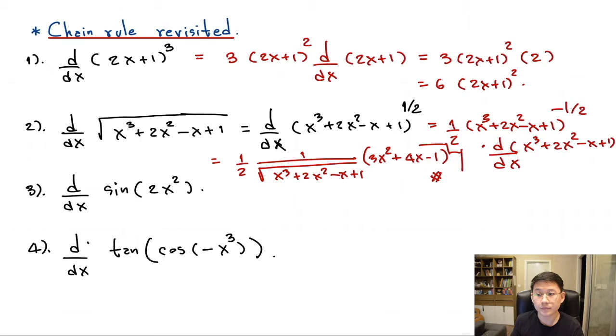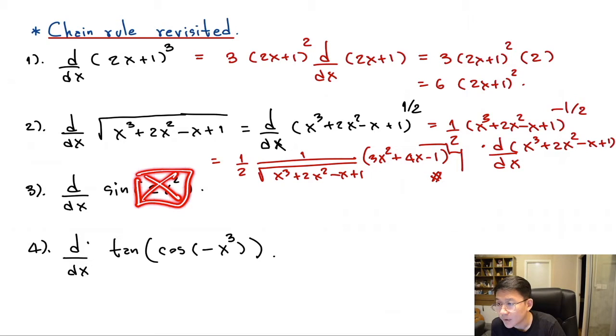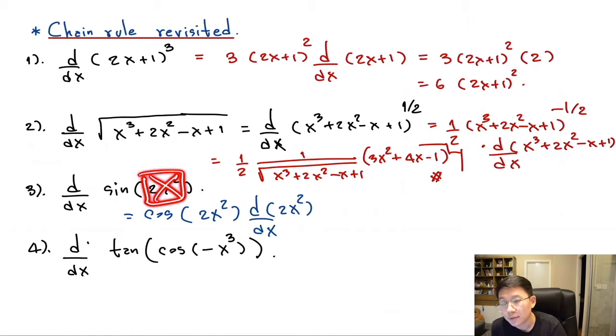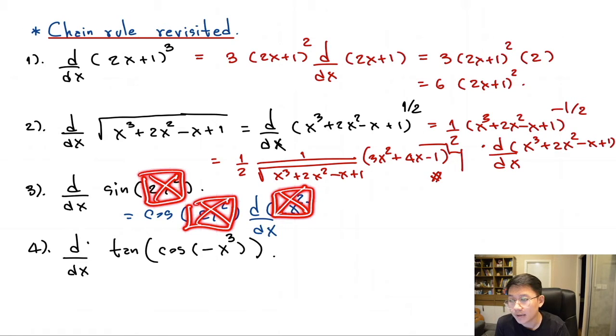The next one. Again, I'll look at this as big X. So I just differentiate sine big X, which is cos big X, and then the big X by dx.